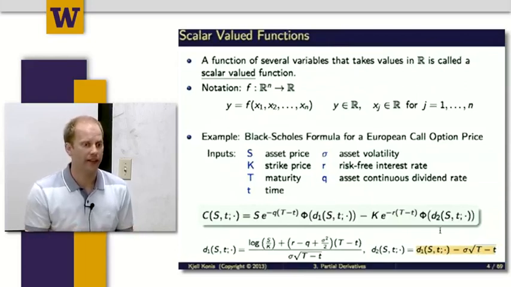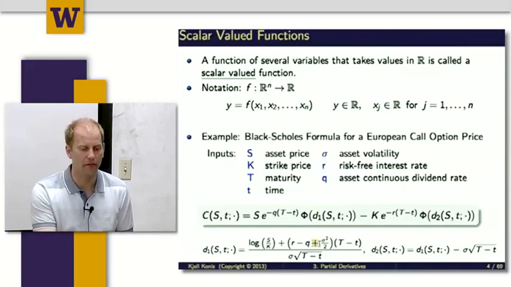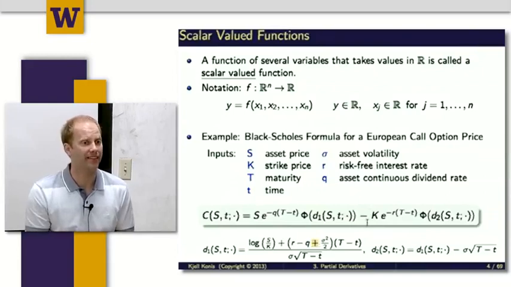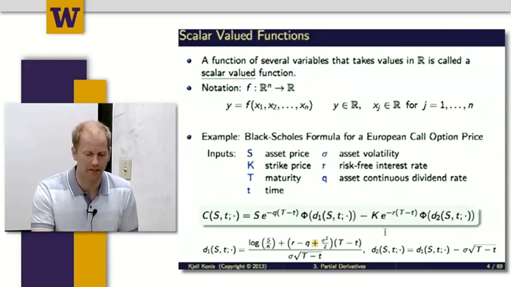If you plug in this formula on the left for d1, all that ends up changing is this plus here becomes a minus. So quite often derivatives of d1 and d2 are very similar to each other. They differ by a sign or not at all, depending on what you're taking the derivative with respect to.